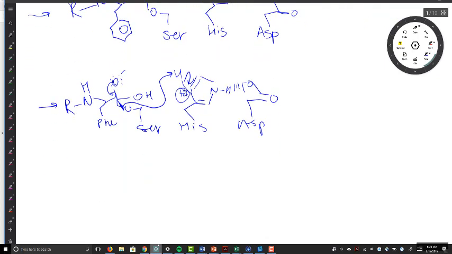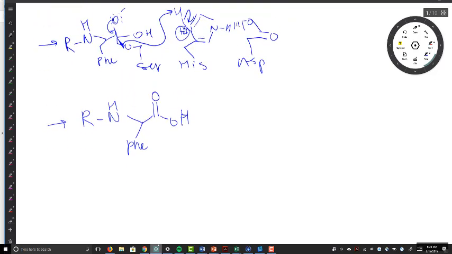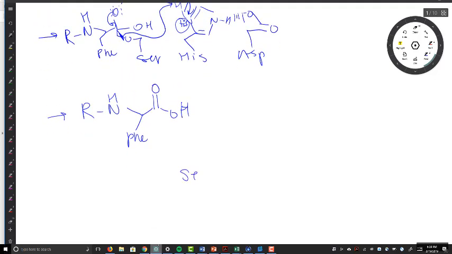And then what we'll end up with is our other half of the peptide free with a free carboxylic acid. And then we're going to have protonated serine, deprotonated histidine, and then aspartate.